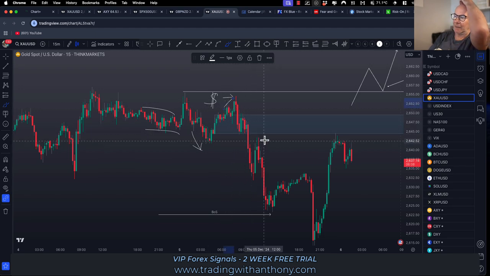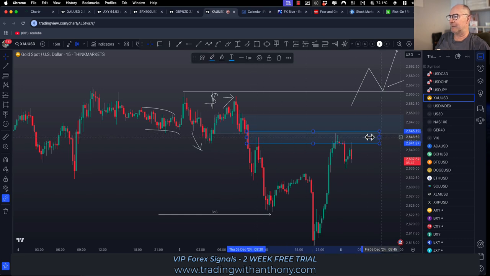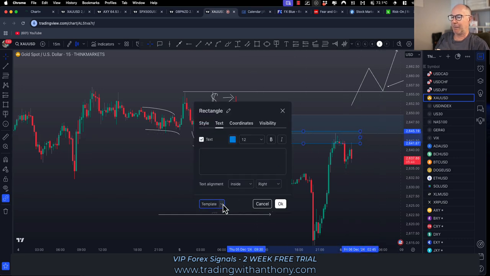But what I like about this chart is the displacement in terms of this thin candle here. Imbalance, it got traded back into, rebalanced at that point. And now it's retesting this previous imbalance. I'll mark that up on the chart, and we'll just keep an eye on that level.